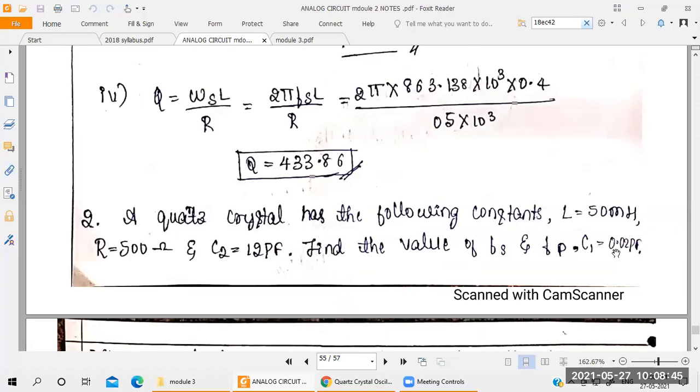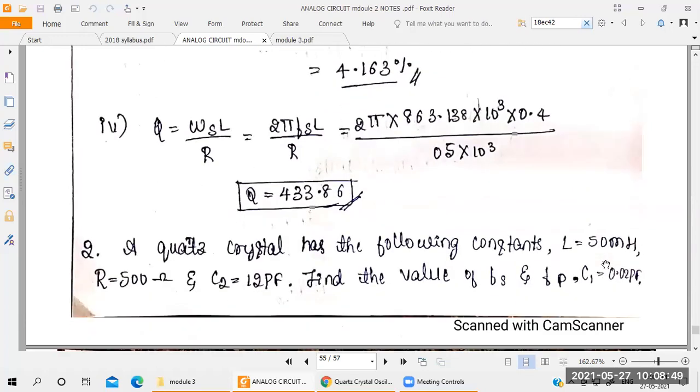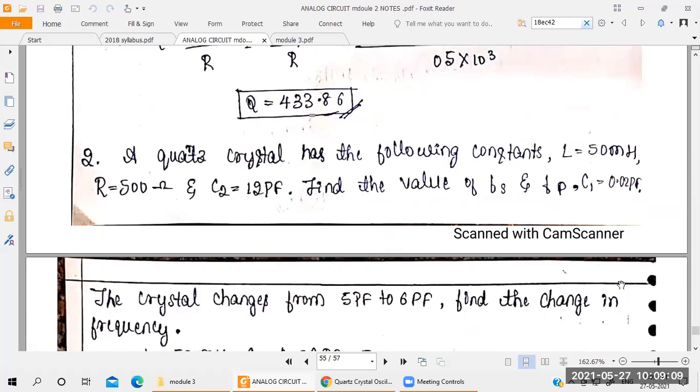Next, take the second problem. A quartz crystal has the following constants: L value is 50 millihenry, R is 500 ohm, C2 is 12 picofarad, and C1 is 0.02 picofarad. Find the values of Fs and Fp.